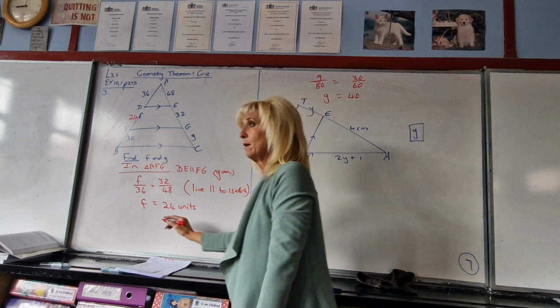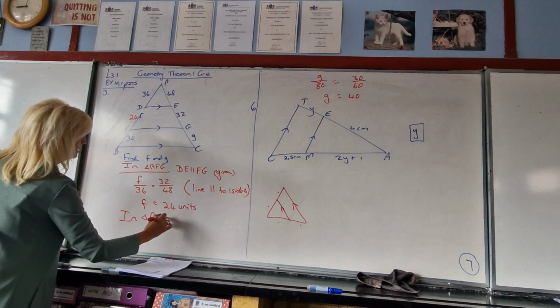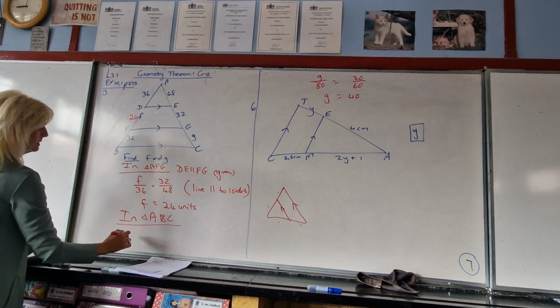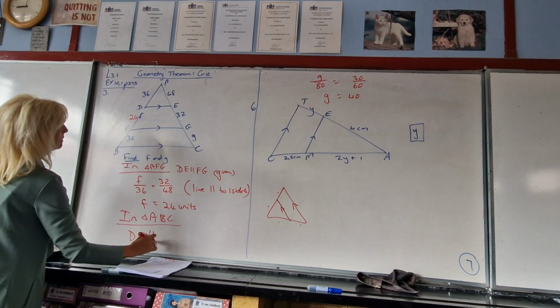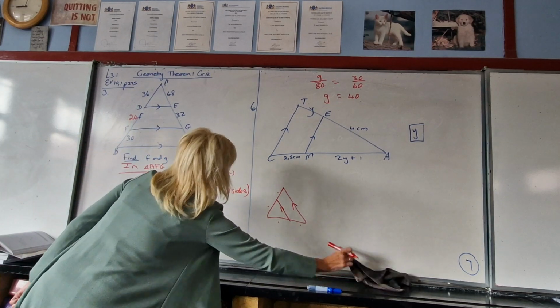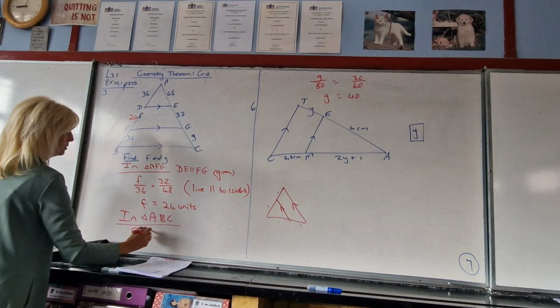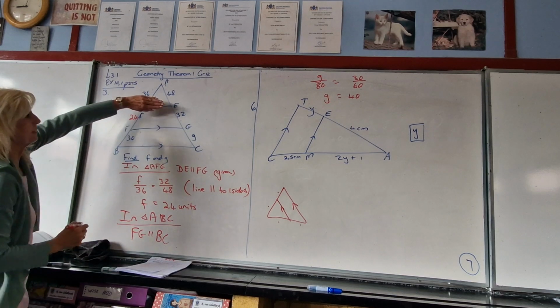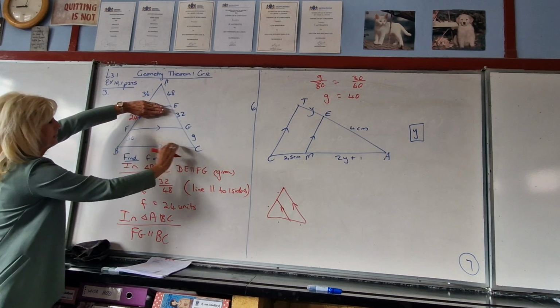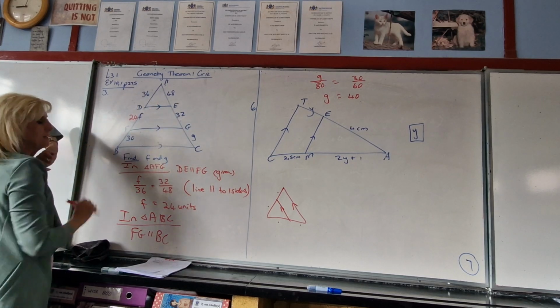Because you needed to tell me that in triangle ABC we have DE parallel to BC. Sorry, I'm wrong. You're busy with the bottom one, right? FG is parallel to BC. We're ignoring that. So if FG and BC are parallel, then it's G over 80 and 30 over 60.